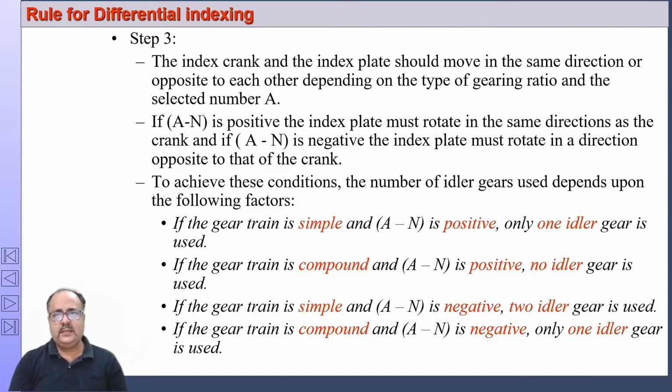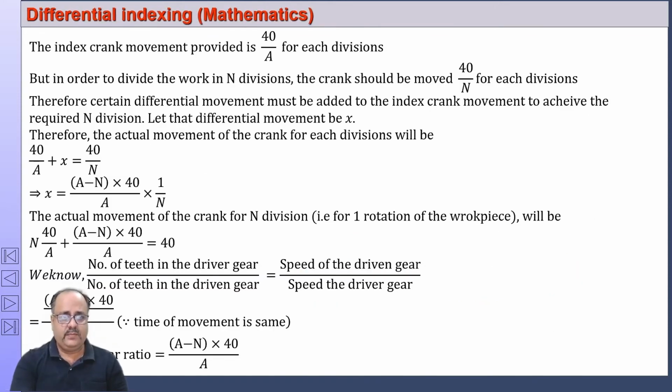If M minus N is positive, the plate must move in the same direction, which means we add a certain movement. If it rotates in the opposite direction, we subtract a certain movement. Accordingly we calculate the idler gears, for which we need to know about gear trains. This is the mathematics of the formula that we have calculated here. You can go through it. I'm not going to discuss this.